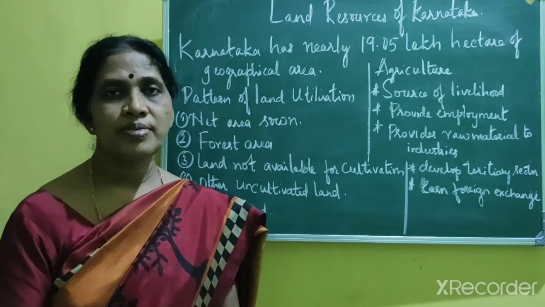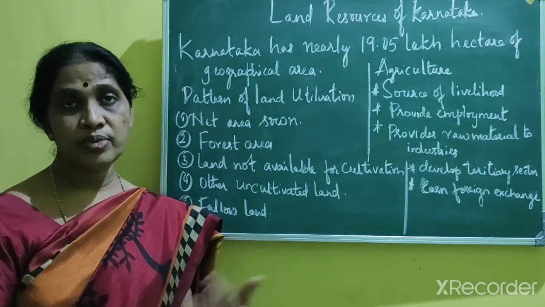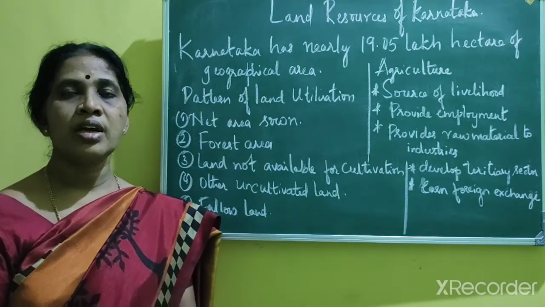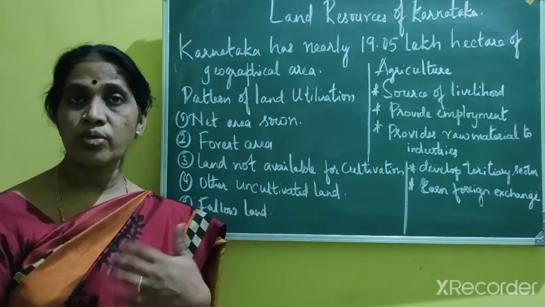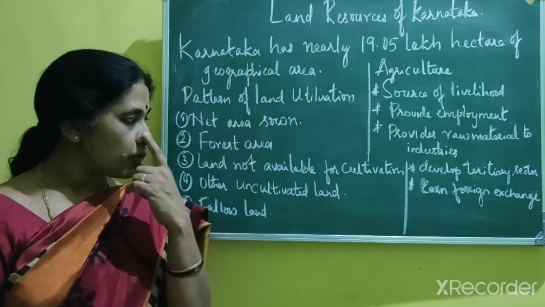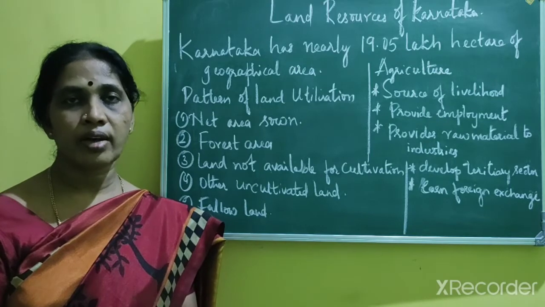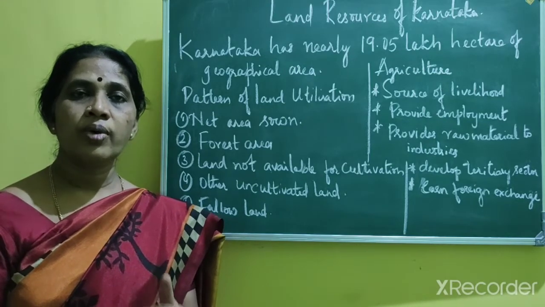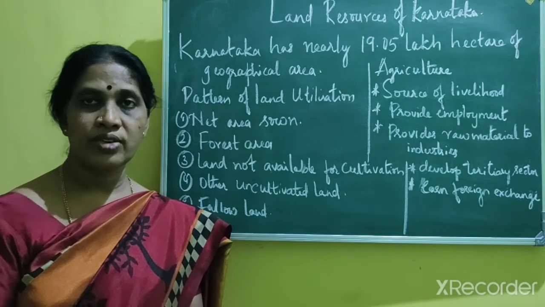It is said that today the area used for such purposes is increasing, and hence the land that is not used for cultivation is also increasing. This land is mainly found in Bangalore Urban region, where most of the land is used for urbanization.